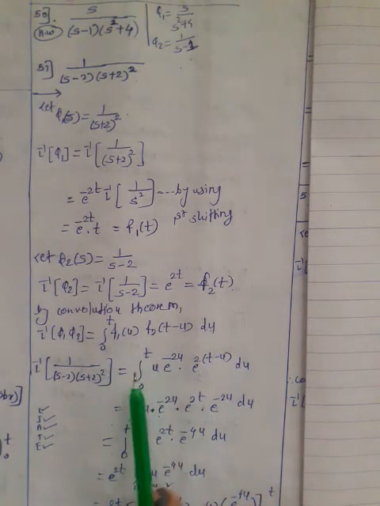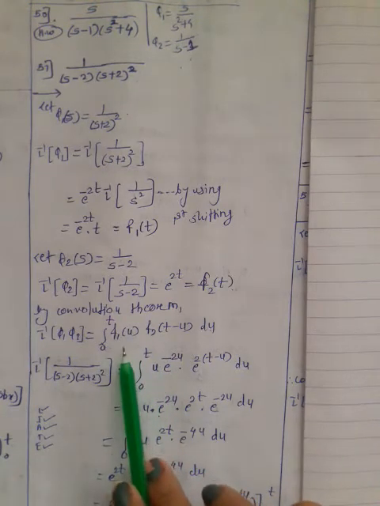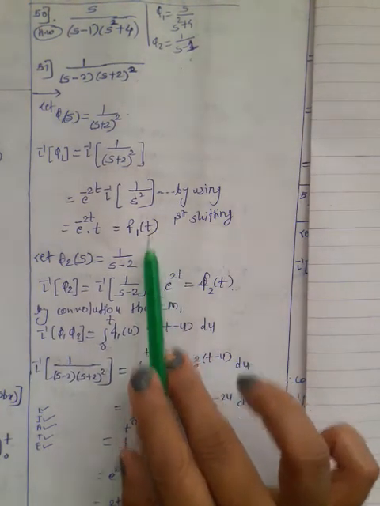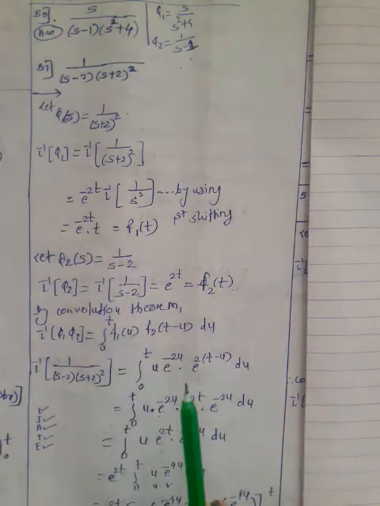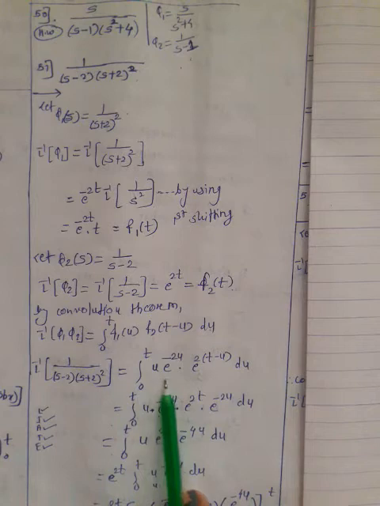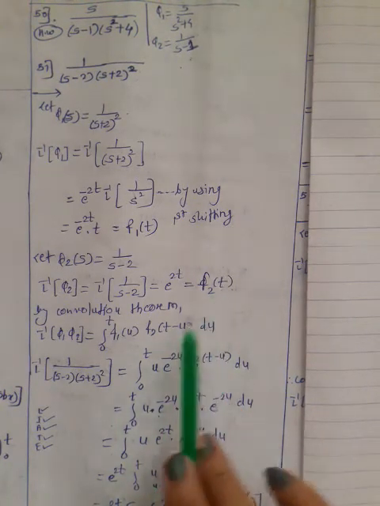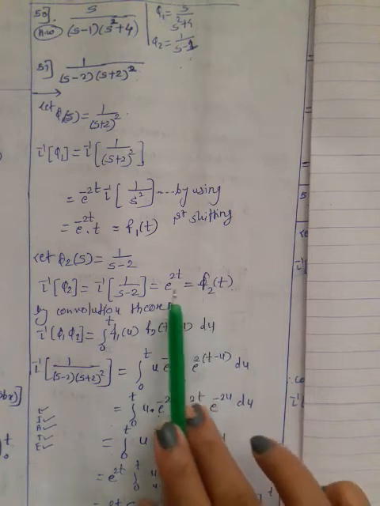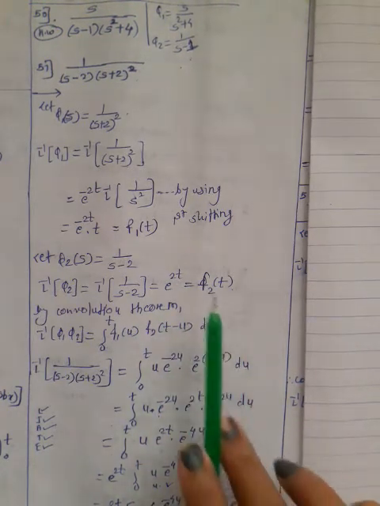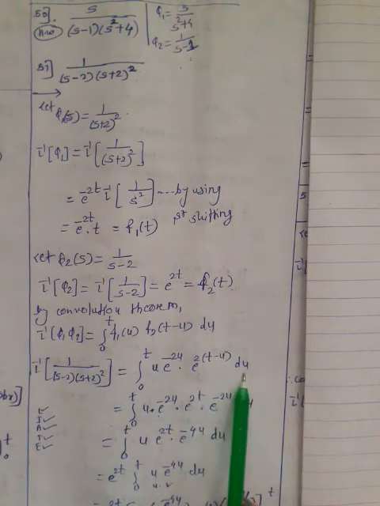Then the integral from 0 to t of f1 u, meaning f1 t with t replaced by u, gives e raised to minus 2u into u. And f2 of t minus u means replace t by t minus u in f2, we get e raised to 2 times t minus u, and du as it is.